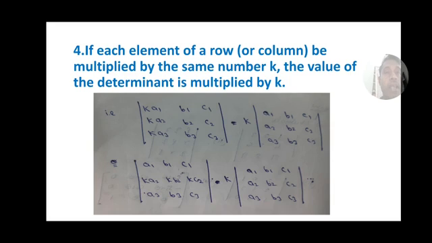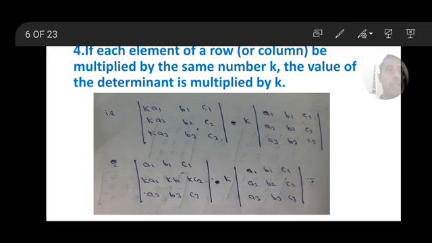Next, fourth property. If each element of a row or a column is multiplied by the same number k, then the value of the determinant is multiplied by k.